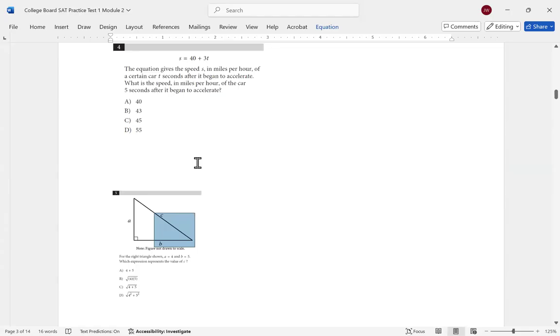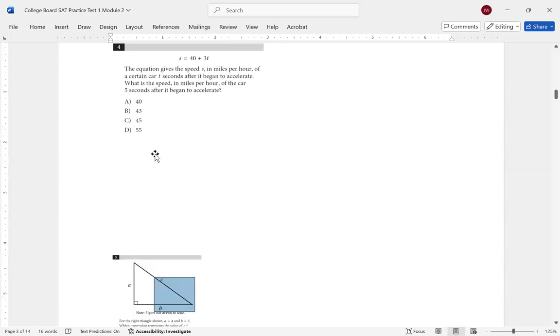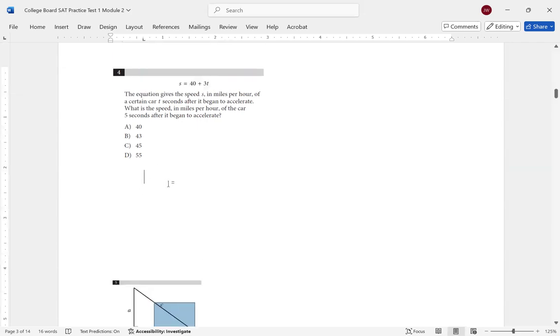For problem number 4, it says the equation gives the speed in miles per hour of a certain car t seconds after it began to accelerate. What is the speed in miles per hour of the car 5 seconds after it began to accelerate? So if t seconds after it begins to accelerate, we are going to plug in 5 for t.